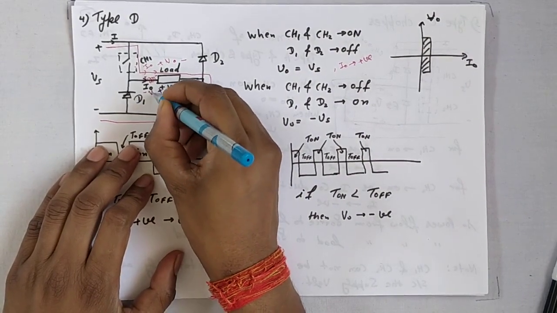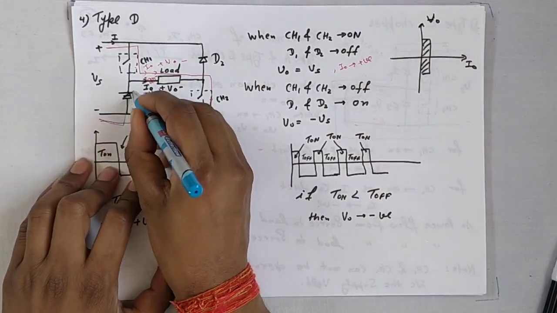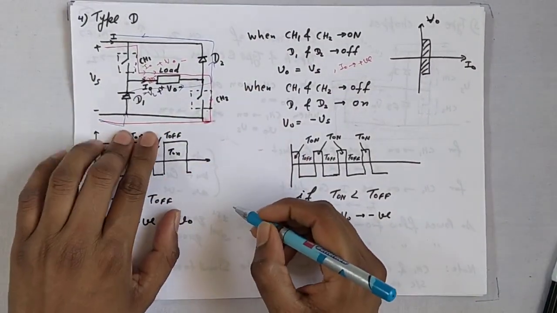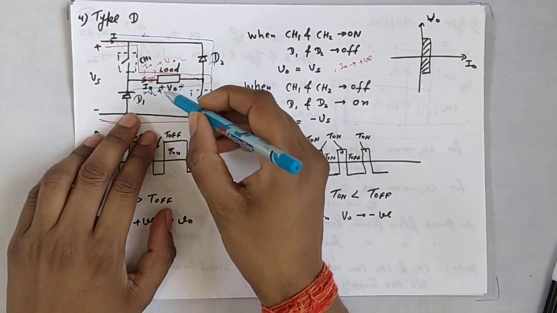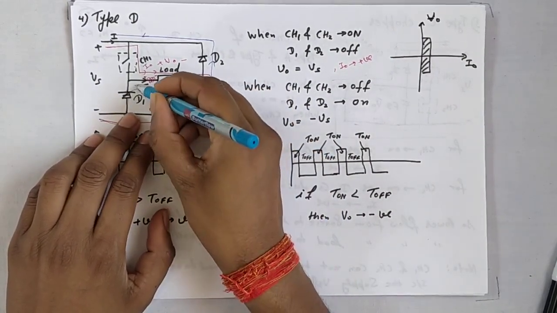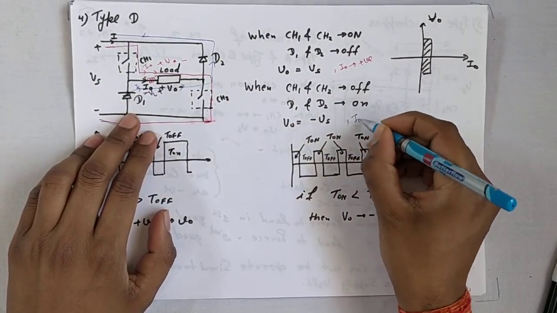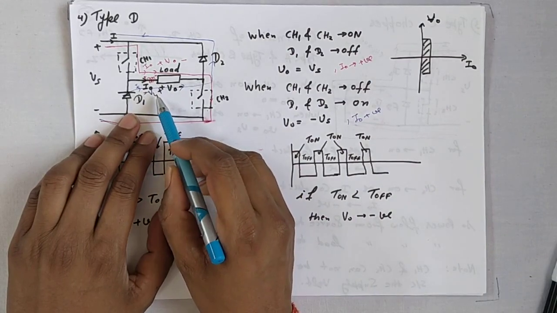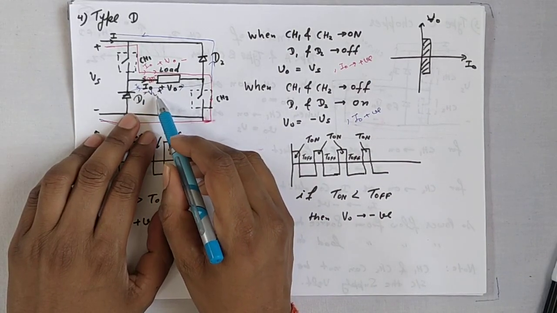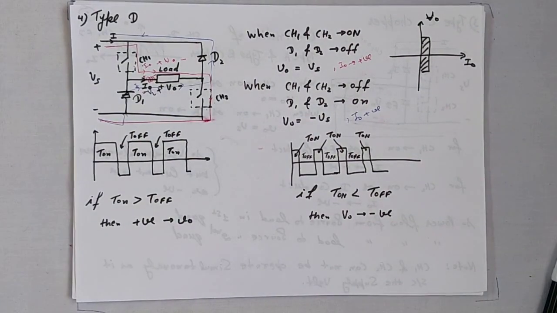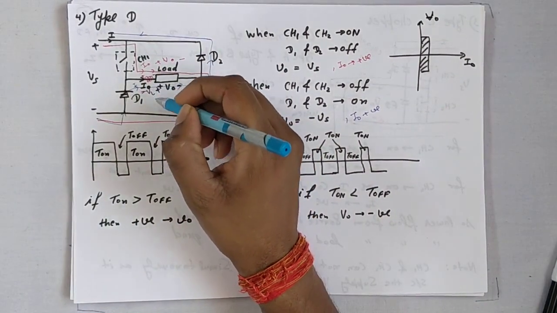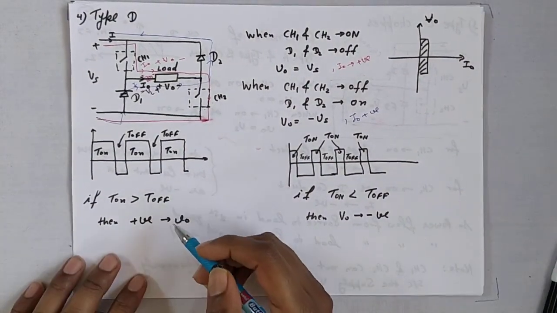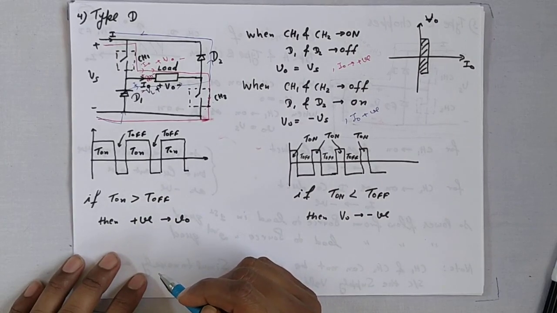This is plus VL minus. Current will flow like this. In this case, the polarity of current is the same, meaning I0 is positive, but V0 is negative, because the inductor changes its polarity from this to this. So V0 is negative.